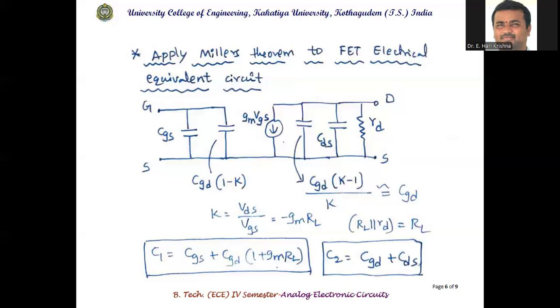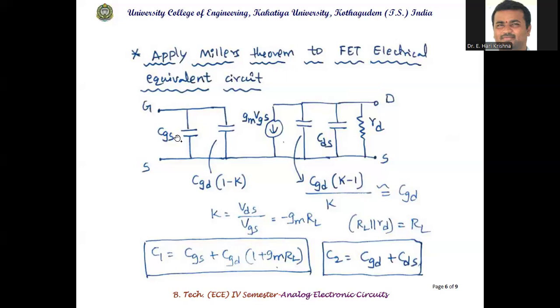Similarly, applying Miller's theorem to the FET electrical equivalent circuit, the capacitance is moved to the input and output side. Similar analysis: CGD into (1 minus K), CGD into (K minus 1) by K. K is a very high value, K minus 1 and K are approximately equal, leading to CGD, and K is VDS by VGS, the answer being minus gm into RL.